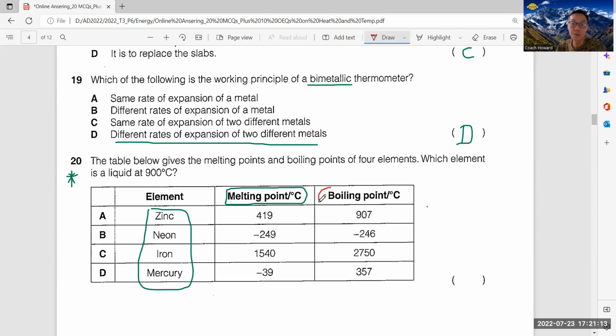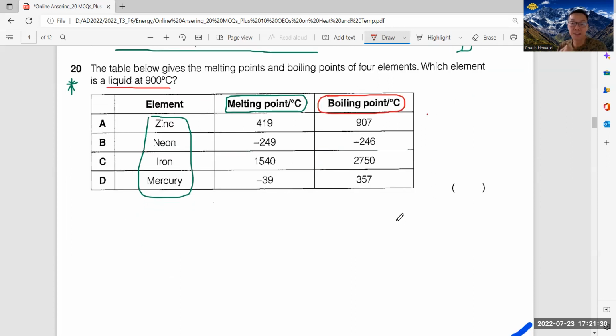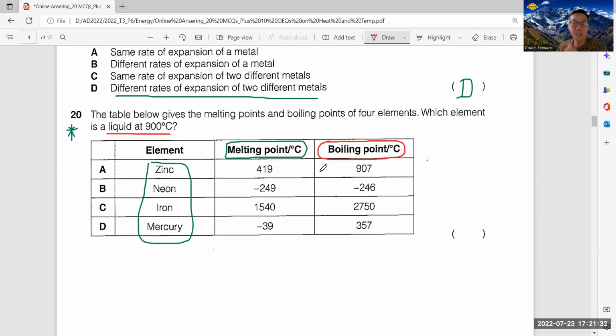Boiling point means when you reach this temperature, 907 for zinc, the liquid zinc will start to boil, meaning vaporize. So now they ask you which element is a liquid at 900 degrees Celsius. So you notice there are two elements, and their boiling points are very high, 907 and 2750.